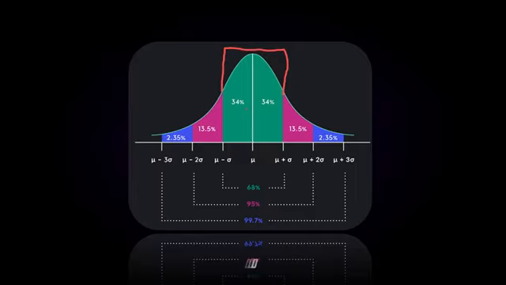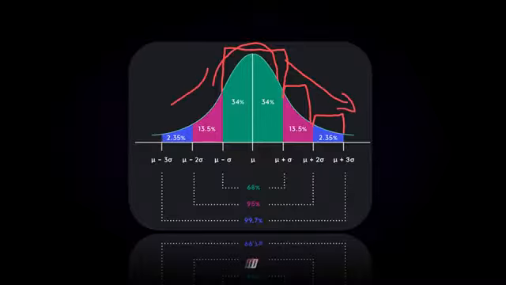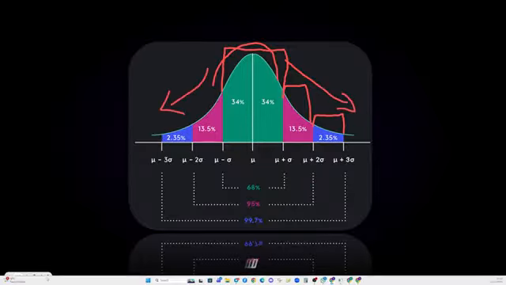You will have 13% probability of falling between this range, 2% probability of falling under this range. So this is where most elements are, and these are where the fewest elements tend to be. Okay?